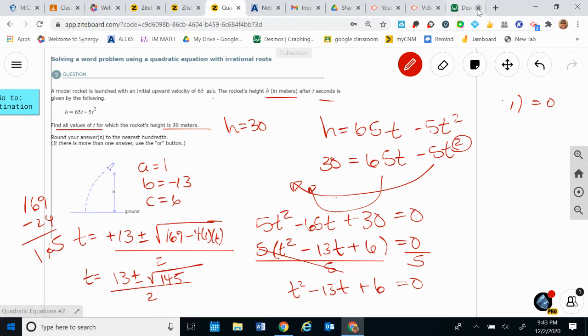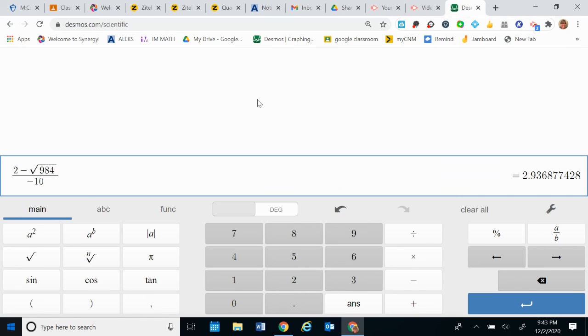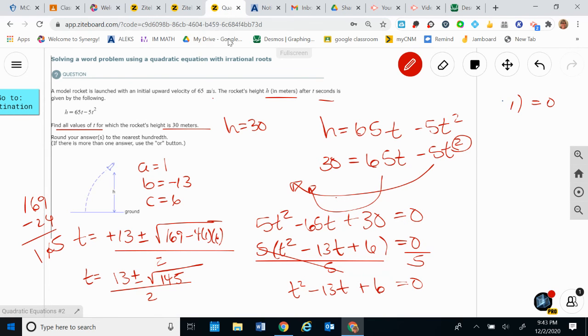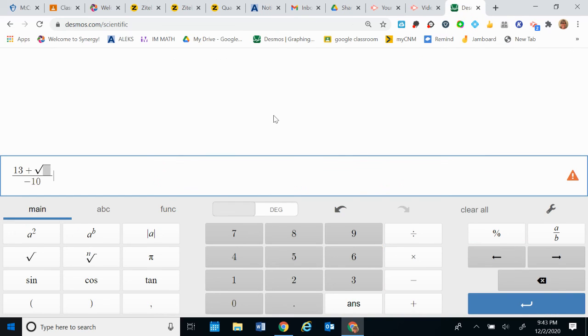So we come over here, we go to Desmos, and we write 13 plus the square root of 145, all over 2.